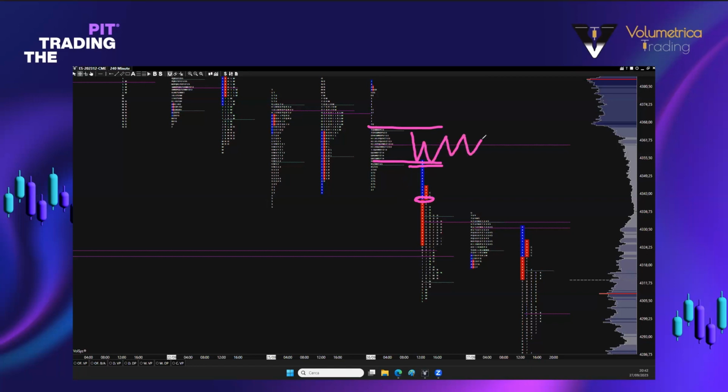So what happens when price accepts outside an area where previous balance was established? It is imbalanced. It doesn't feel that area of previous acceptance is accepted anymore.